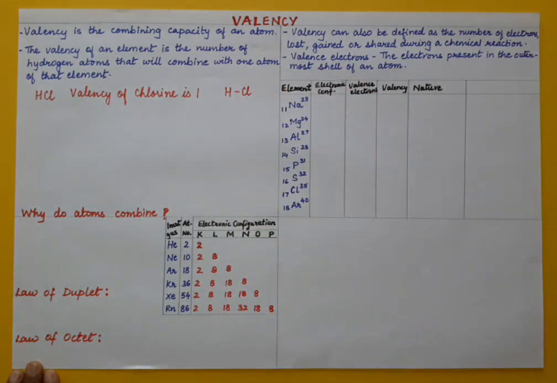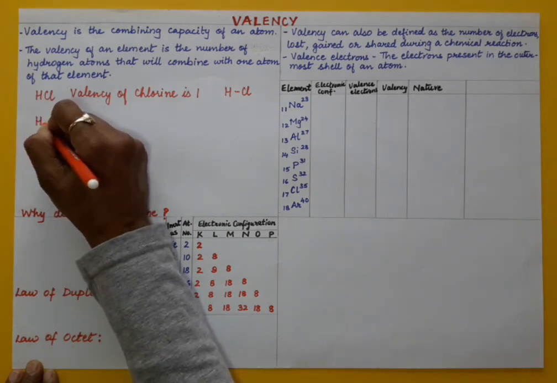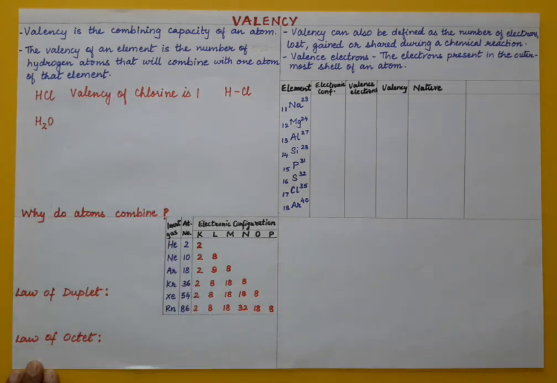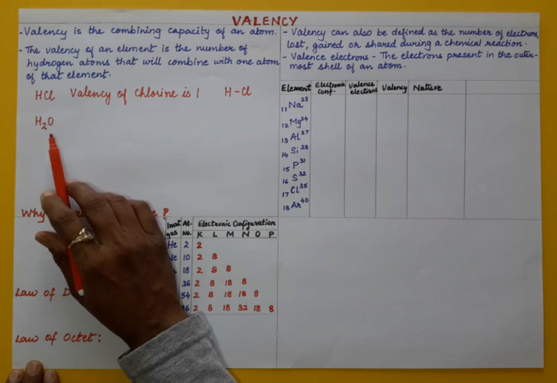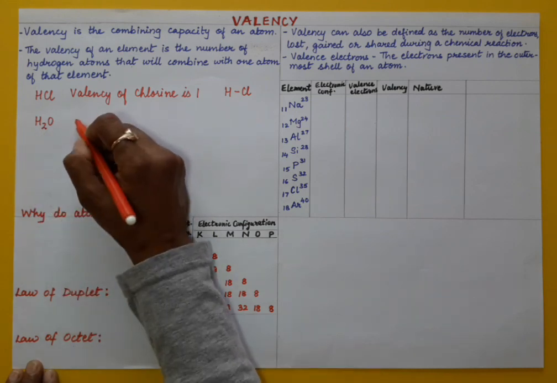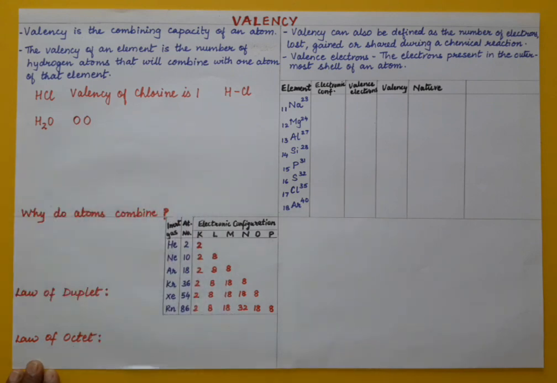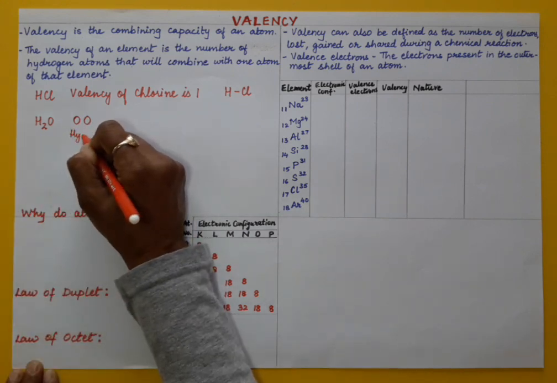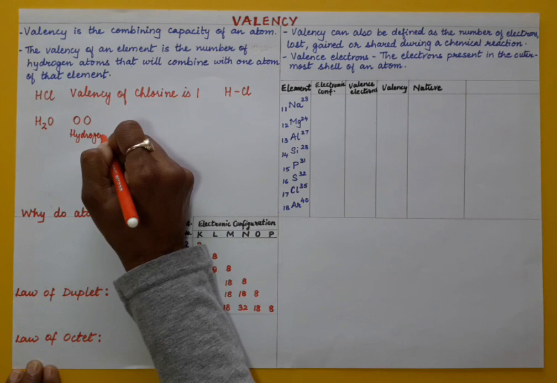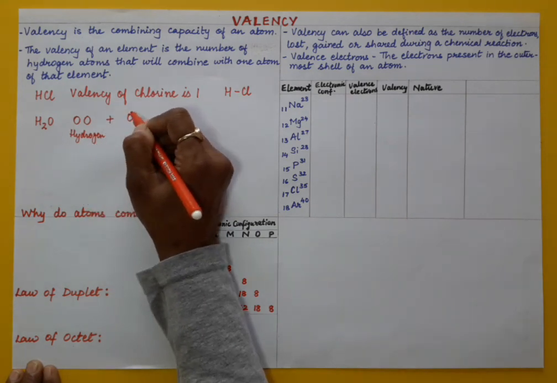is formed. Okay, now when we talk about water, another example is water, that is H2O, right? So in this water you will see two atoms of hydrogen. Let us say these are the two atoms of hydrogen. So two atoms of hydrogen are combining with one atom of oxygen.